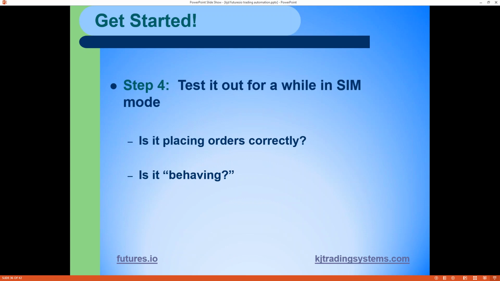And then step 4, I tell people, hey, try it out in sim mode. Just make sure it's doing what you want. Is it behaving, or is it generating hundreds of orders? You've got to be careful with that, because you could hurt your account if you're sending messages all the time: buy, cancel, cancel, replace.